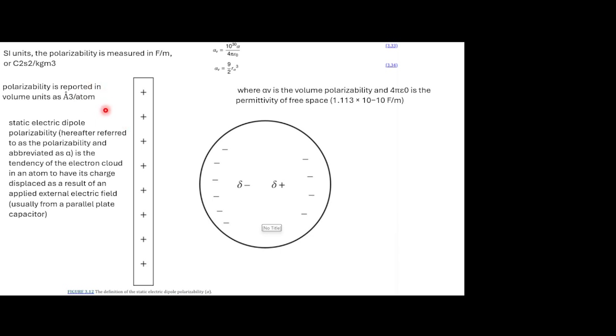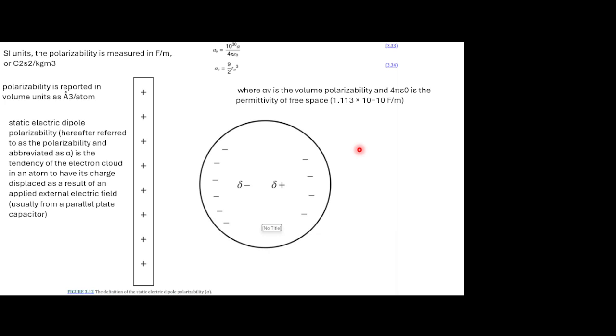Typically, this is reported in volume units, like angstroms to the third per atom. And we're reporting it in volume units because usually we're talking about fields around atoms, right? And so all we're really concerned with is the space the electrons take up.